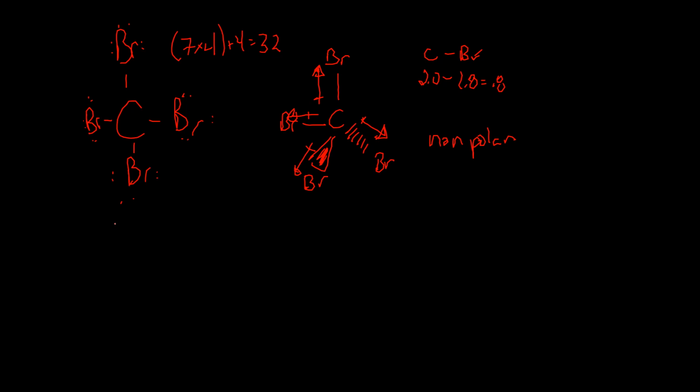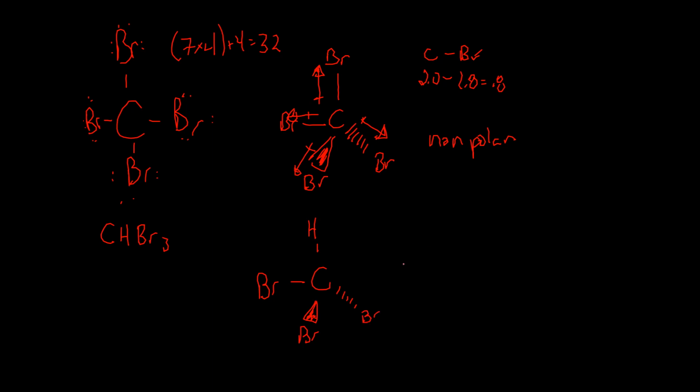Now, if we had instead CHBr3, the way that would look different is that the carbon to hydrogen would be a little bit different than the 3 bromines that I'm going to have to draw here. I'm going to draw these in. There's my wedge coming out of the screen. There's my dash going into the screen. Okay.